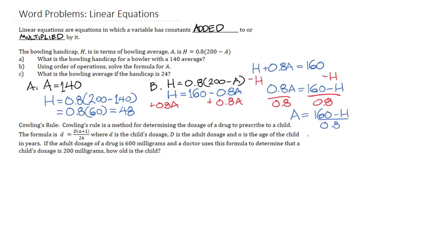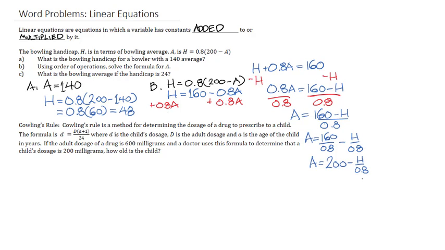To do so, you would just write that a is equal to 160 over 0.8 minus h over 0.8. And you absolutely can do this. Then we would just take 160 and divide by 0.8, and you would get 200. So it actually turns out a would equal 200 minus h over 0.8.